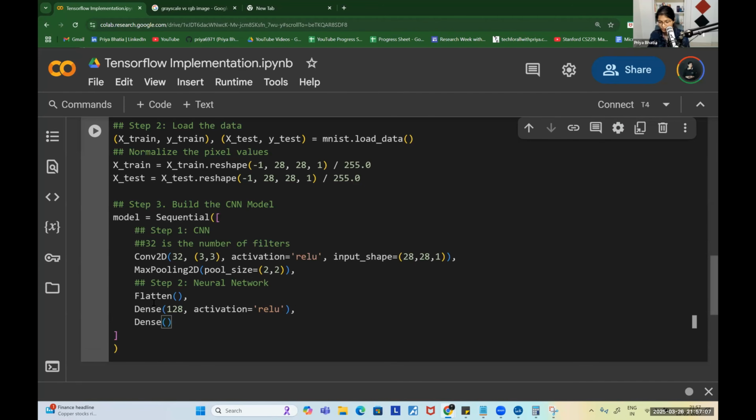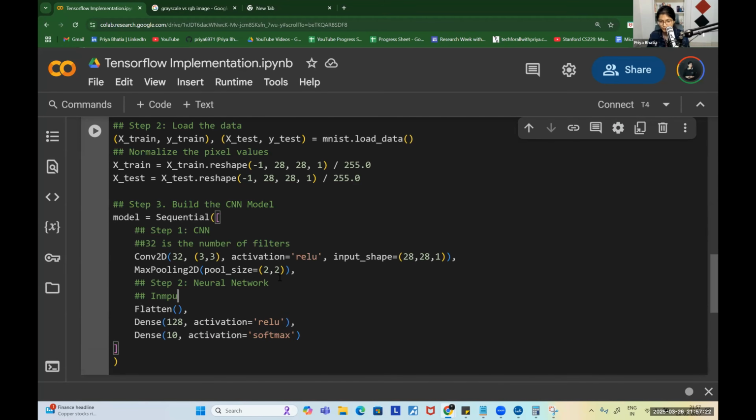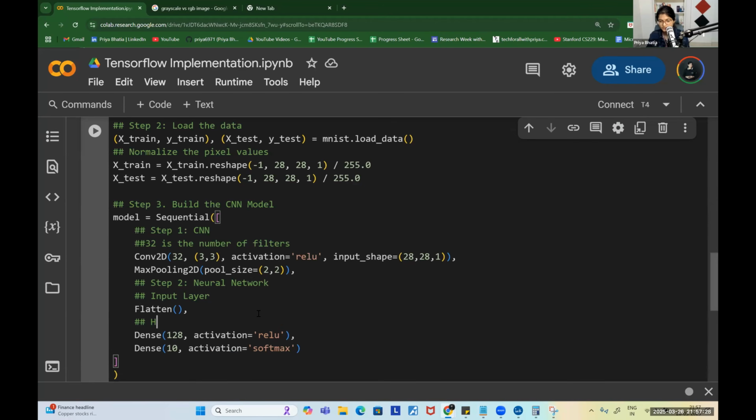Dense output layer, 10. Activation function, softmax. So in the neural network, this is our input layer. Then we have the hidden layer.